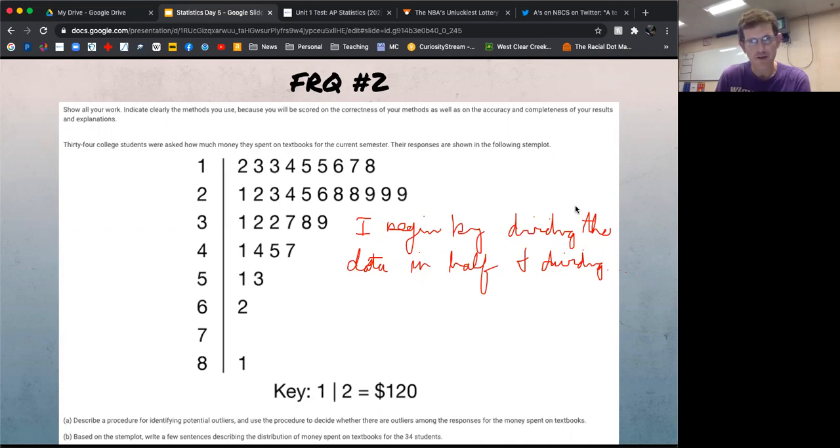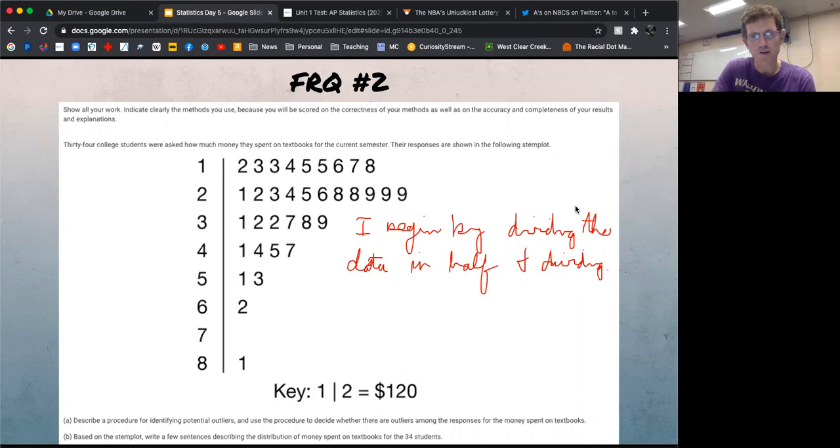From there, I find the interquartile range by subtracting Q1 from Q3. And I'm saying out loud what I would be writing. I would then multiply that times 1.5 and find any values that exceed that distance away from the third quartile, lower than that, or higher than that from the third quartile.